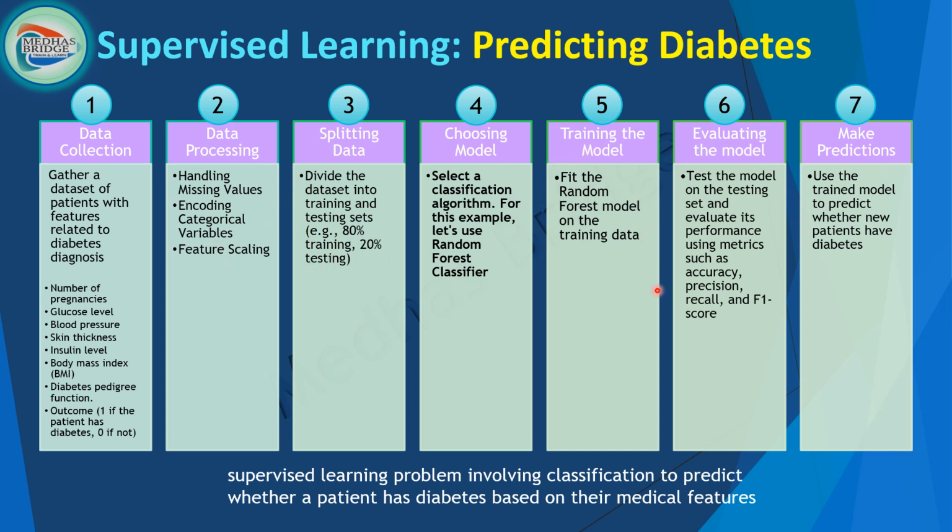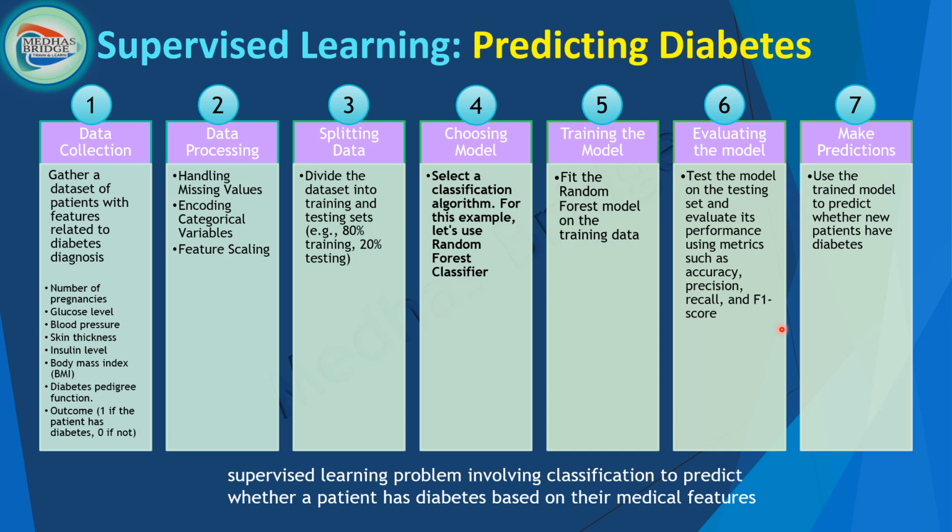Once you train the model, the next step is to test the model. Test the model on the testing dataset and evaluate its performance using metrics such as accuracy, precision, recall, and F1 score. Probably we will see these in detail in another session. Once the model is ready, and you have confidence that your evaluation KPIs, key performance indicators, are giving the best results, then the model is ready for making predictions.